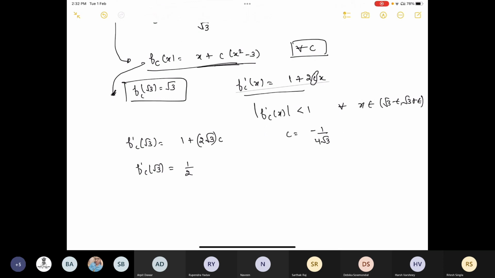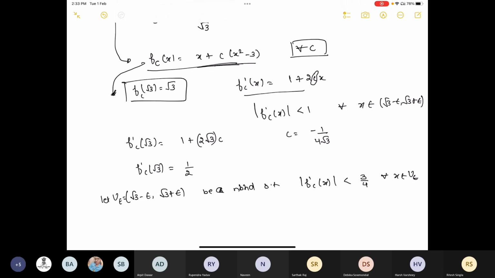Okay, so let U epsilon, the interval root 3 minus epsilon comma root 3 plus epsilon, be a neighborhood such that mod f_c prime of x is less than, say, 3 by 4 for all x belonging to U epsilon. Is this making sense?